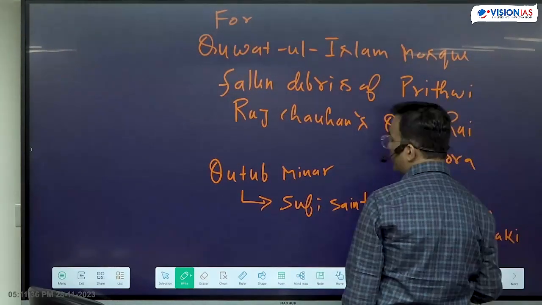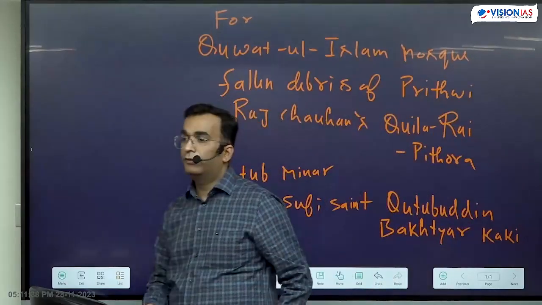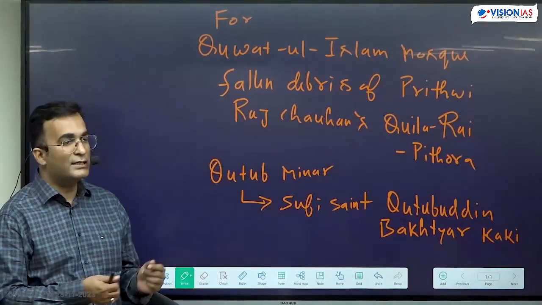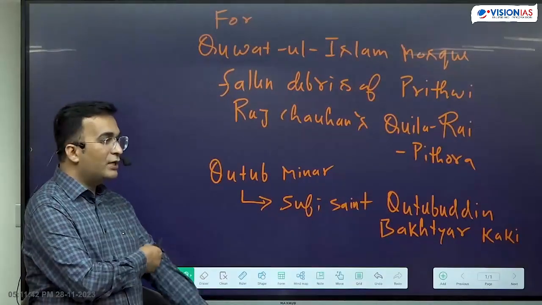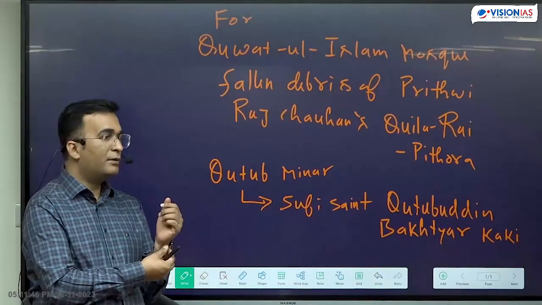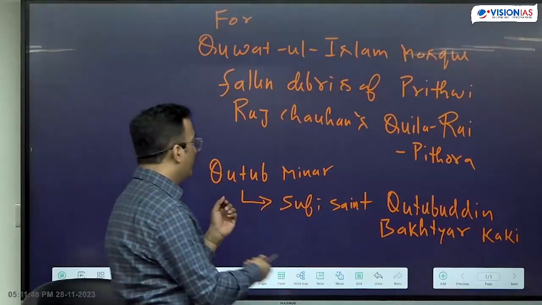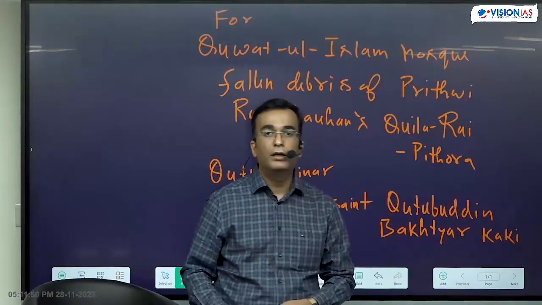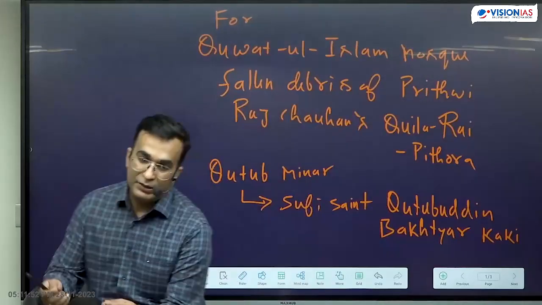Actually Qutbuddin Aibak took his name from this Sufi saint itself; originally his name was Samsuddin Aibak, but then he took this title from the Sufi saint he was following, Qutbuddin Bakhtiar Kaki.